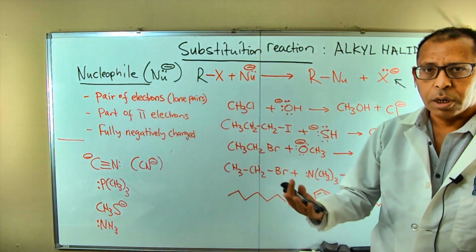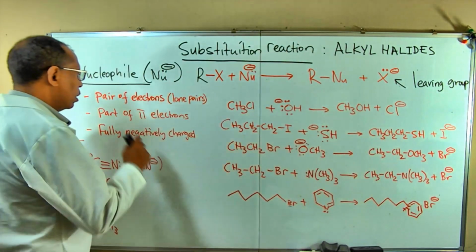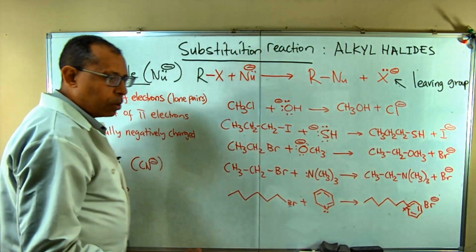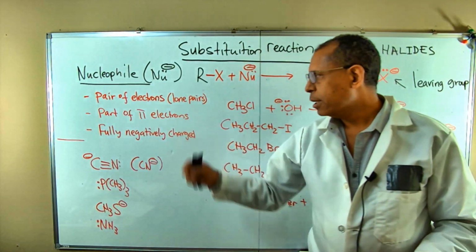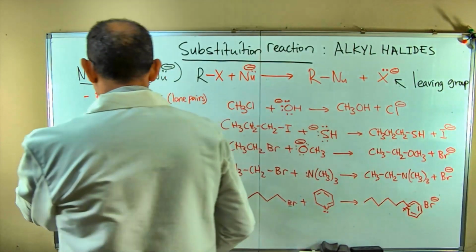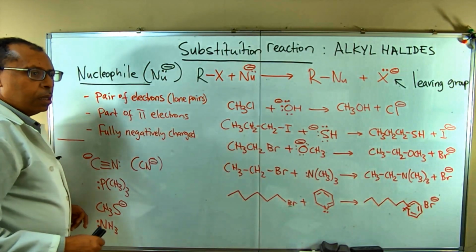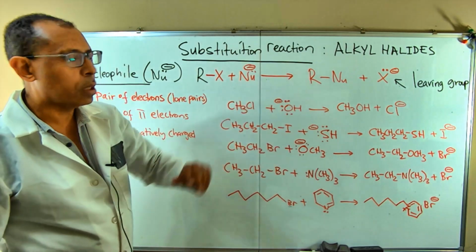It could be as a lone pair in the species we are looking at. It could be part of a pi electron. For example, any electron-rich double bond can act as a nucleophile, and some of them are fully negatively charged nucleophiles that can react in this substitution reaction.